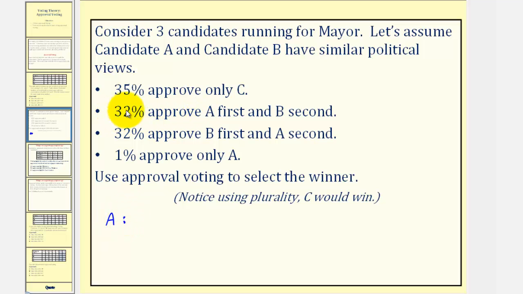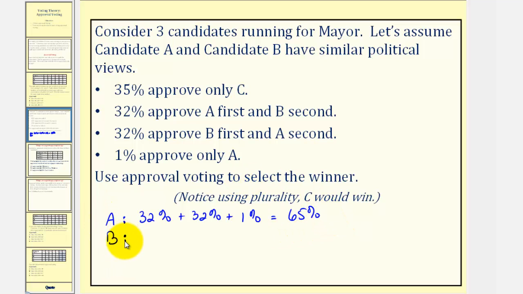So notice candidate A is approved by this 32%, and of this 1%, so 32% plus 32% plus 1% is equal to 65% approval rating.